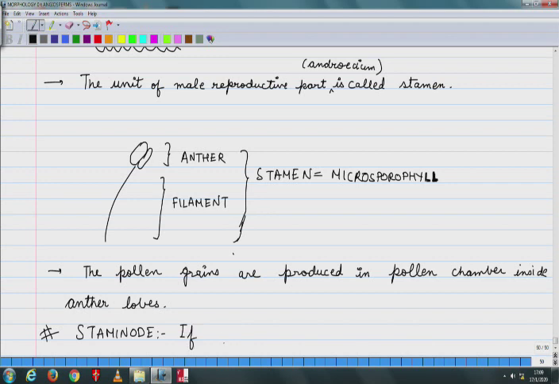If the stamen is sterile, then it is not called a stamen, but it is called staminode.